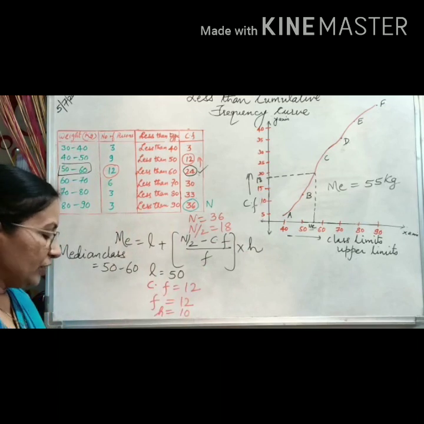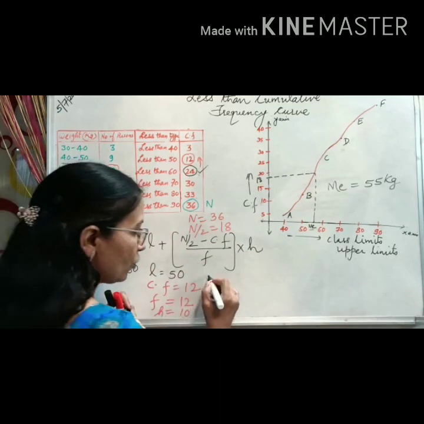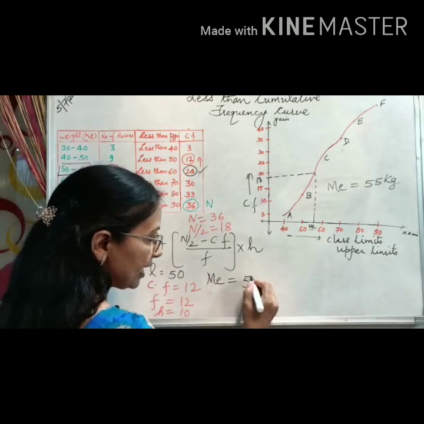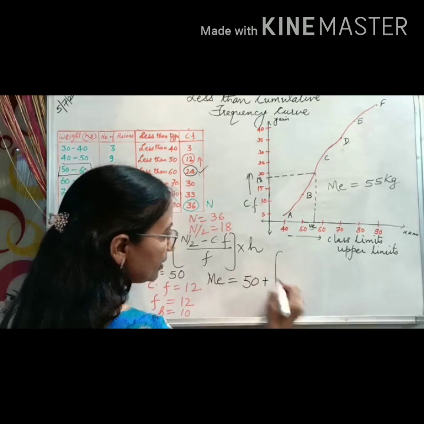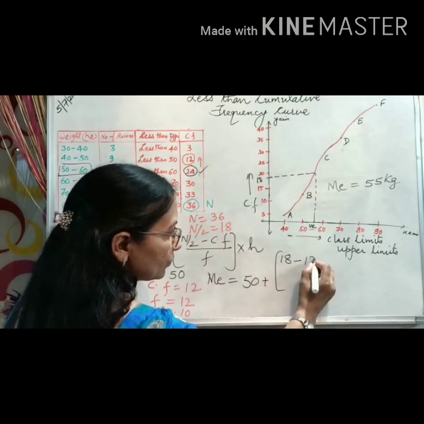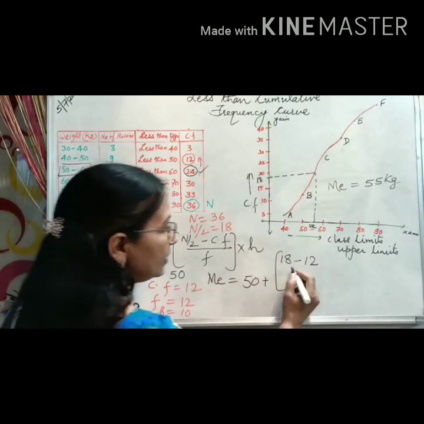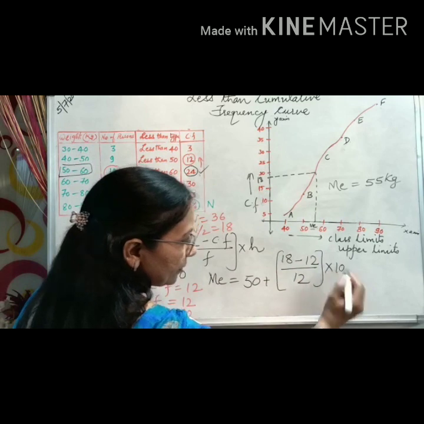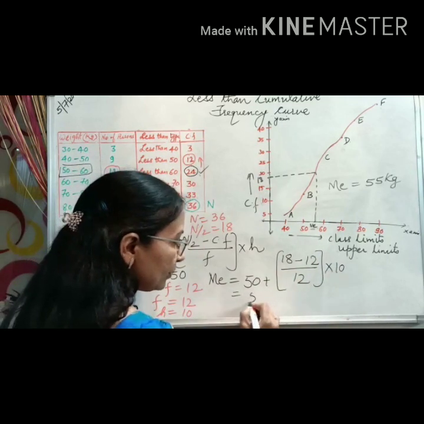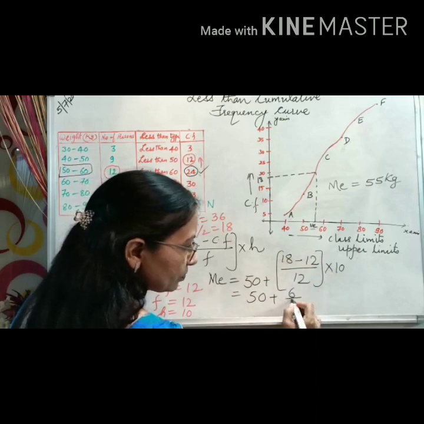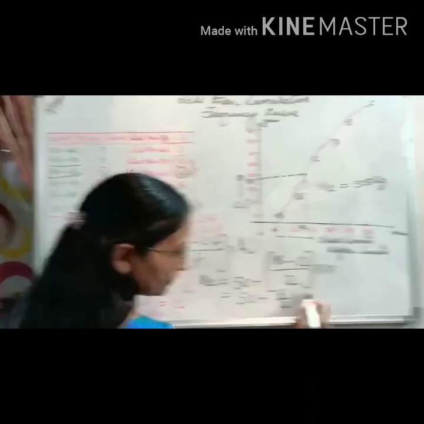Okay. So now we shall substitute all the values in the formula. So the median is equal to L, 50, plus in the bracket n by 2, which is 18, minus cumulative frequency 12, divided by the frequency, also 12, into 10. So now it will be 50 plus 18 minus 12, which is 6 by 12 into 10.